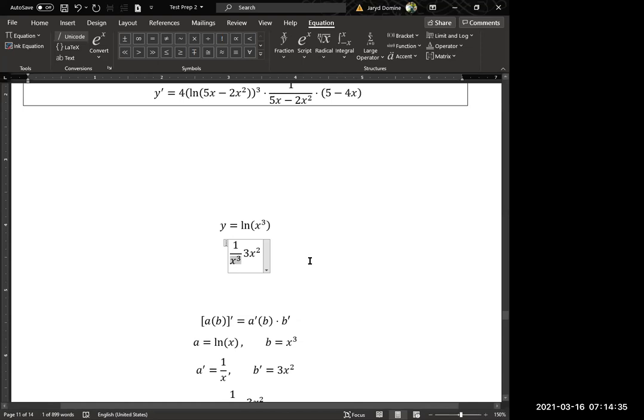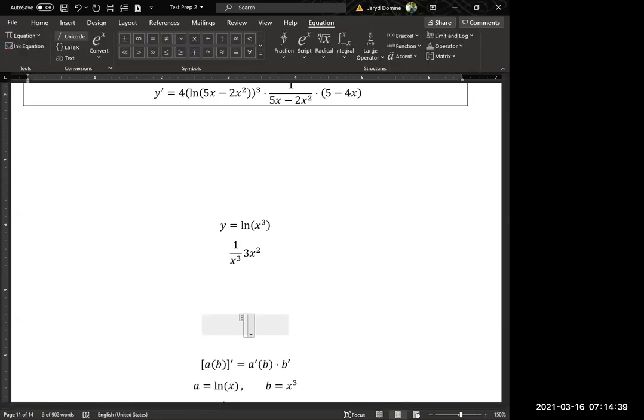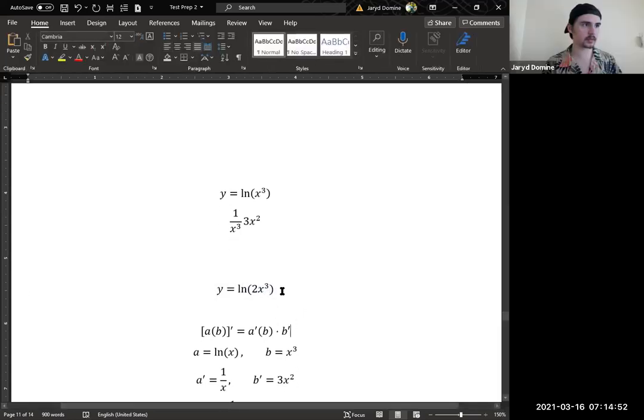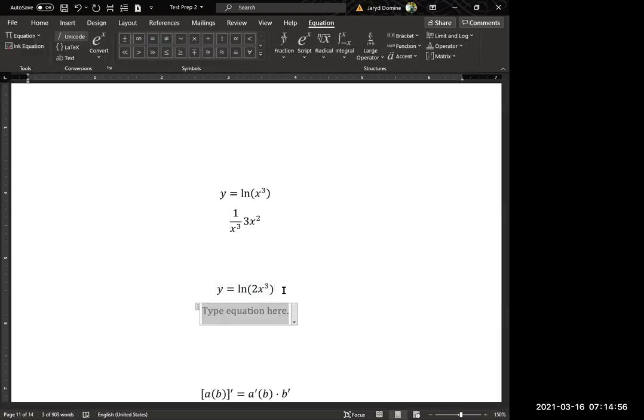Okay. So if it was natural log of 2x cubed, then it would be 1 over 6x squared. So this? Yeah, like the derivative of a would be 1 over 6x squared.